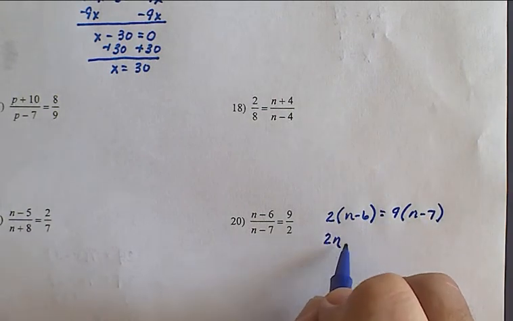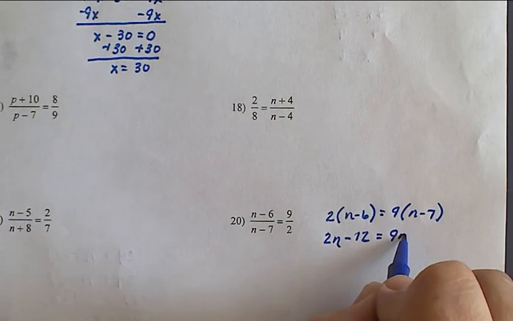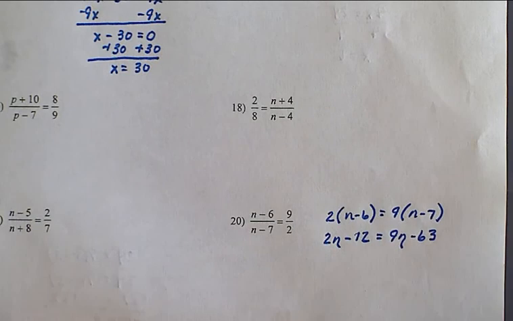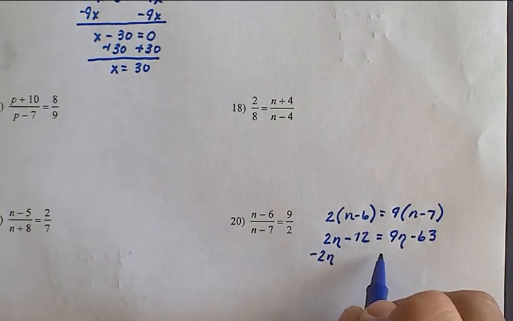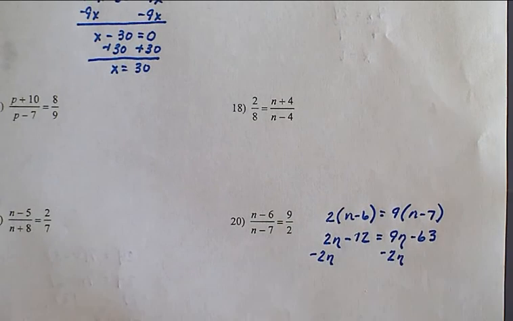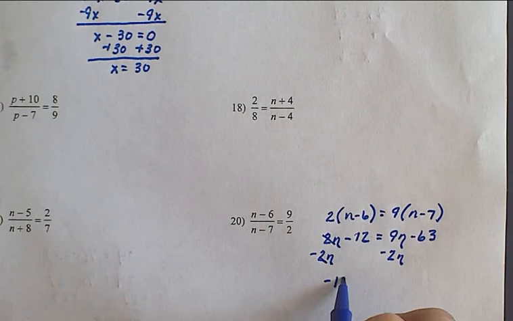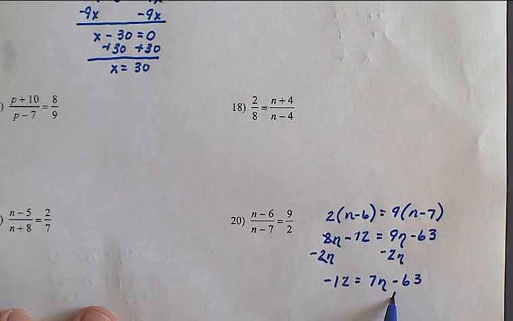You get 2n minus 12 and 9n minus 63. I'm going to subtract the 2n and bring it over to the right. So negative 12 equals 7n minus 63. Now I'm going to take that 63 and move it over to the left.